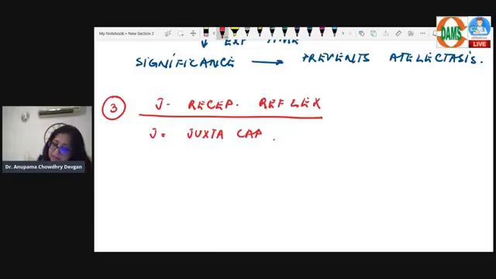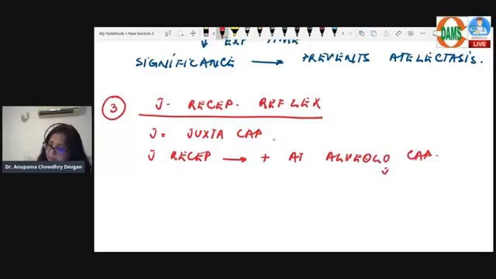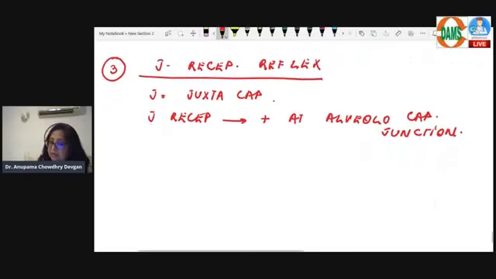These receptors, J receptors, are present at the alveolo-capillary junction. What are the stimuli for the J receptors?